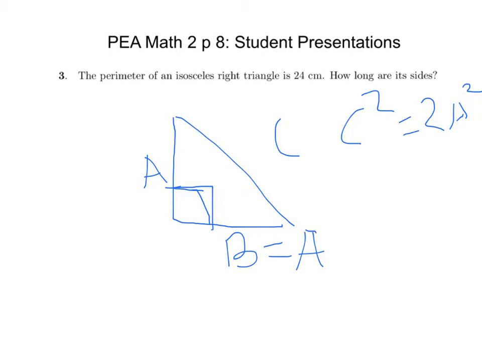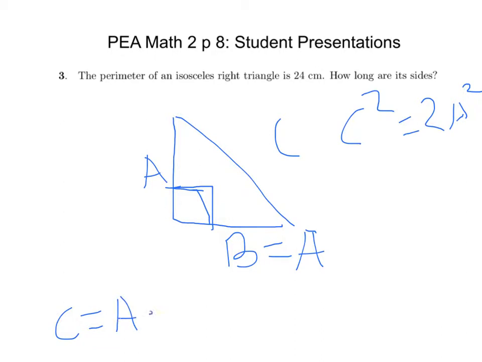C equals something. Well, you have C squared equals 2A squared, so how are you going to get it to C by itself? C equals 2A. No, C equals A times the square root of 2. Say that again. C equals A times the square root of 2.